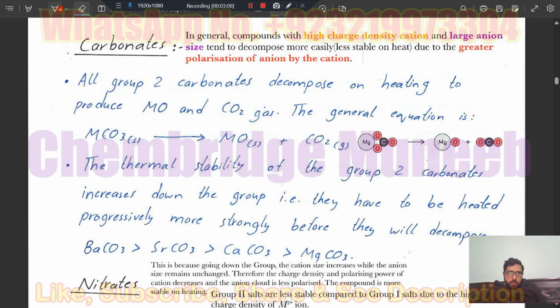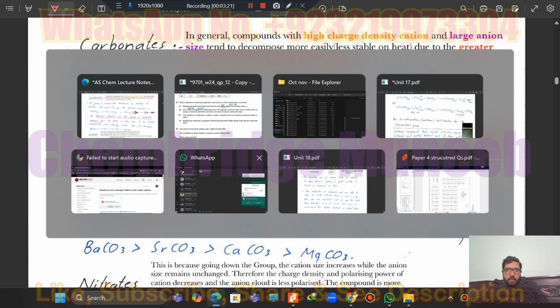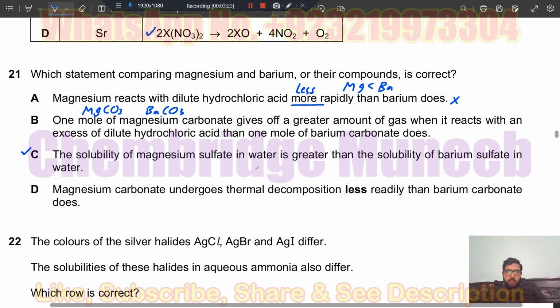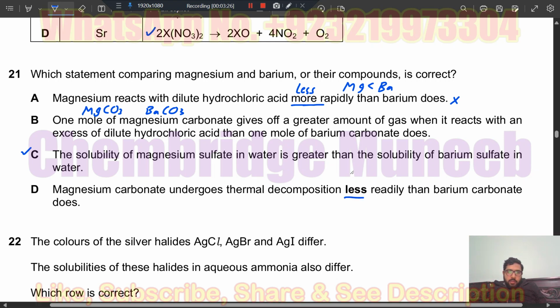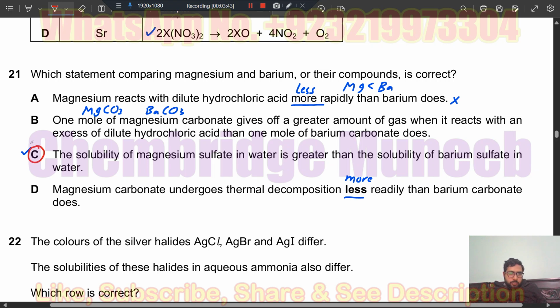So stability of group 2 carbonates increases down the group, which means it is more difficult to decompose the carbonates of the elements present down the group. In this way, statement D becomes incorrect. It should be written as 'more readily'. Down the group, stability increases, so magnesium carbonate will be more easily decomposed. So the only right option is C.